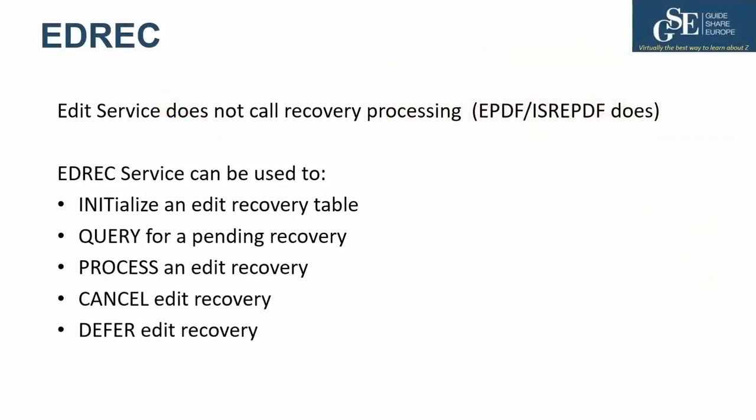All right, the EdRec service: those simple examples I had did not include edit recovery. By default, unlike option 2, which will bring up edit recovery if necessary, you have to actually call the EdRec service to do that. Now the ePDF command does support edit recovery automatically.